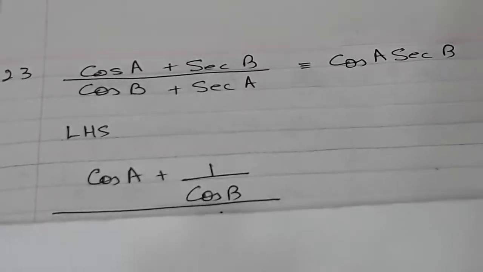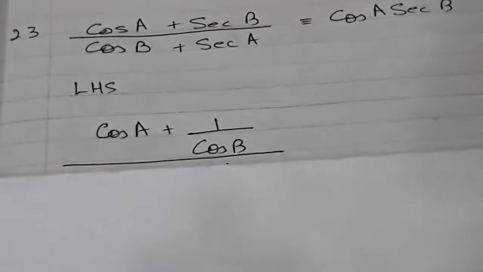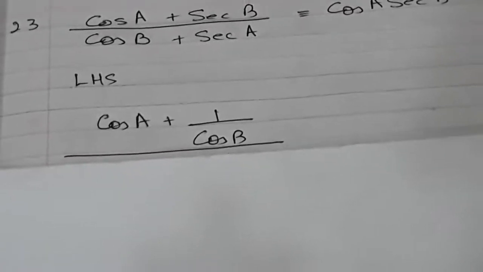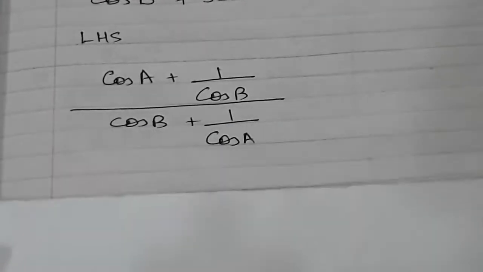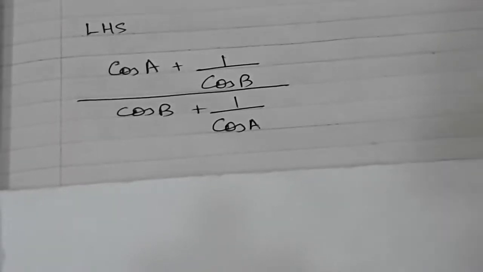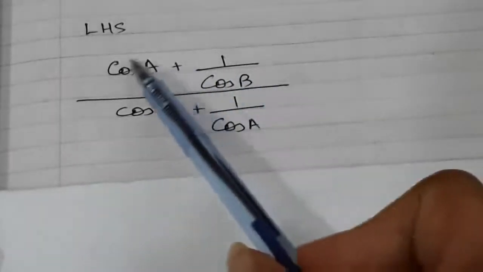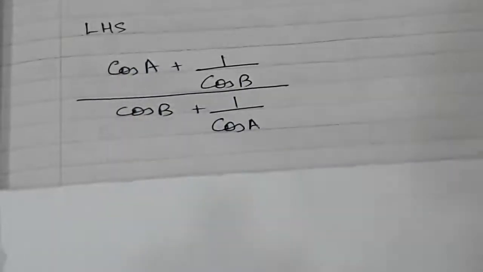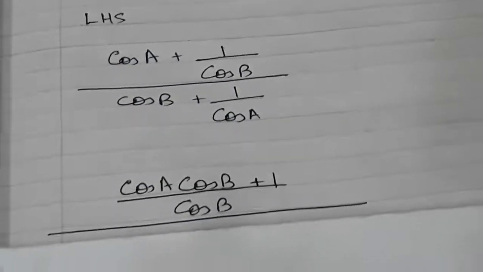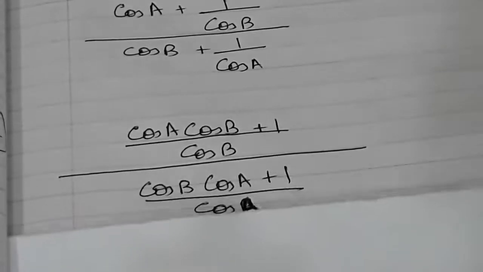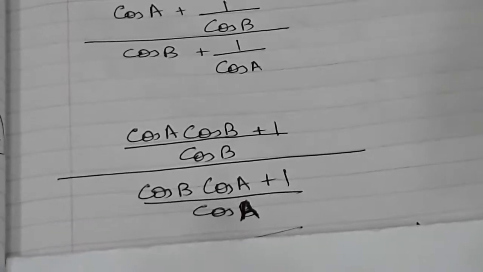So in place of sec b, I can write 1 over cos b, and in place of sec a, I can write 1 over cos a. And then I will take LCM here and LCM here. So it will become this, right?